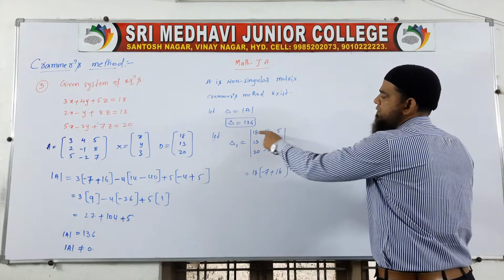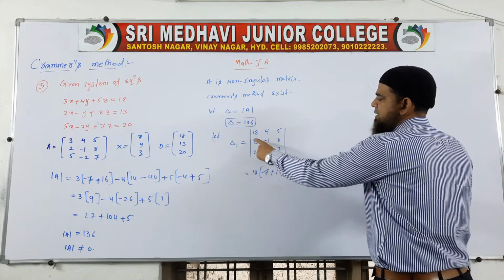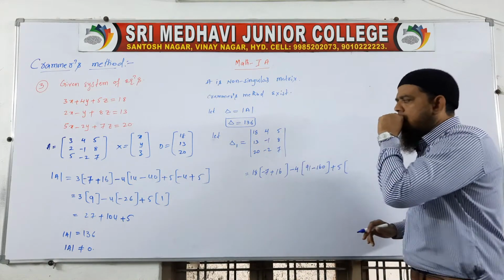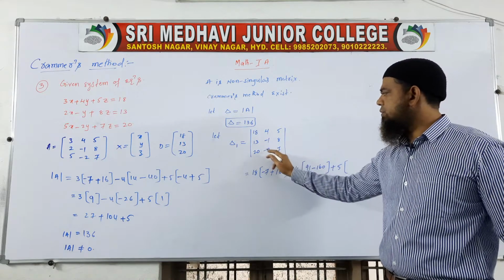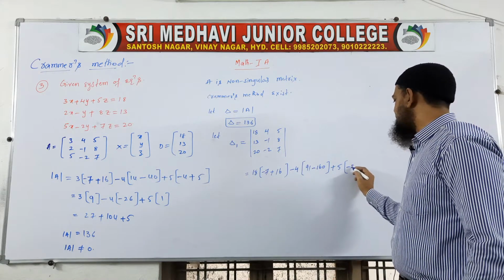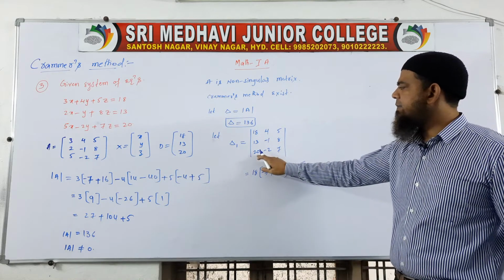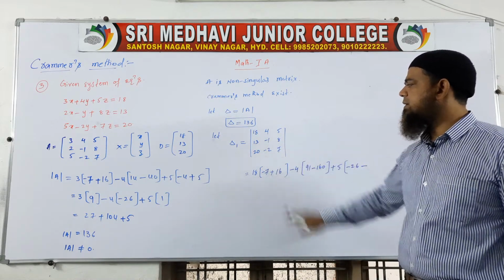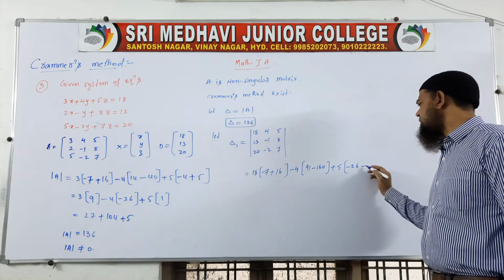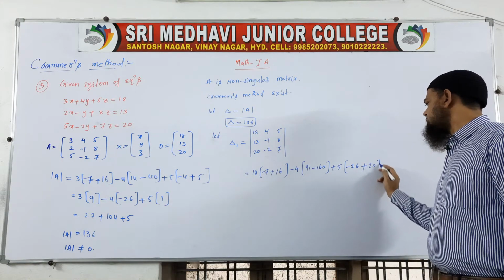Now remove the first row and the last column. These are the numbers. We have to multiply first these two. 13 into minus 2, that is minus 26. This is formula minus. We are multiplying these two numbers. 20 into minus 1, that is minus 20. When I am writing here, it will become plus 20.